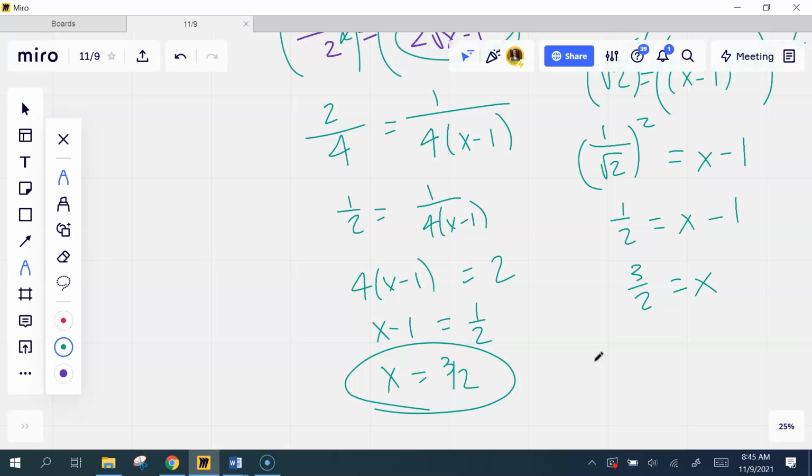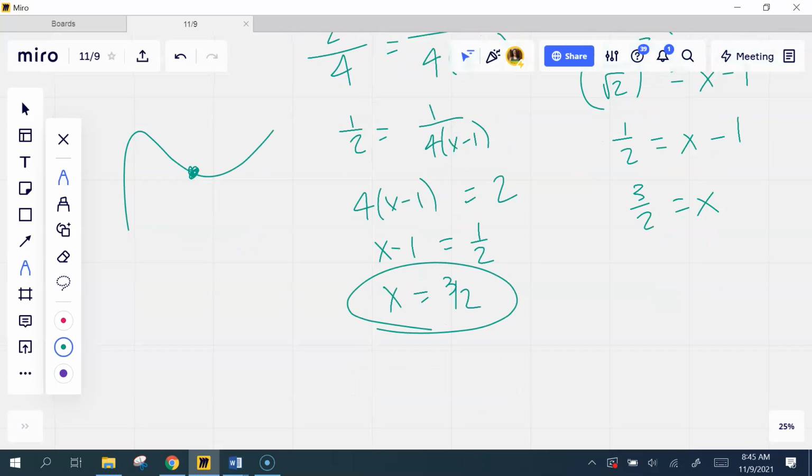Remember, the derivative is the slope of the tangent line, right? So we found the slope of the tangent line. So now we need to find what that point is. So whatever this graph is, when x is 3 over 2, what's the other half of that point? Because this is the point where the function and the derivative share that value. All right, so f of 3 over 2 to find the y value.